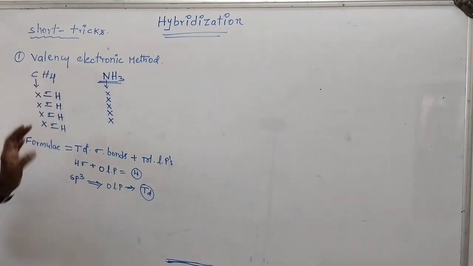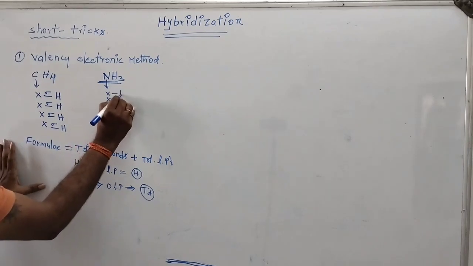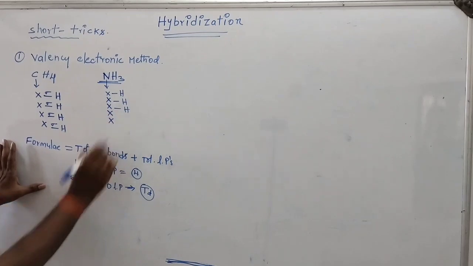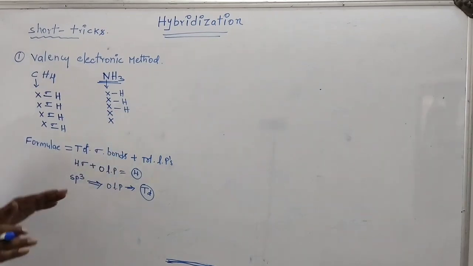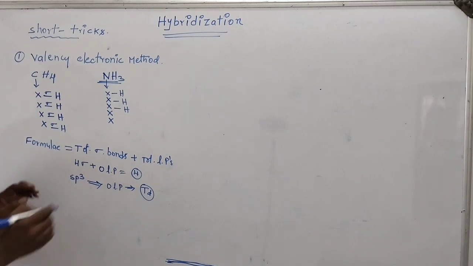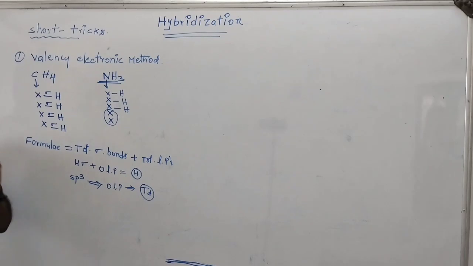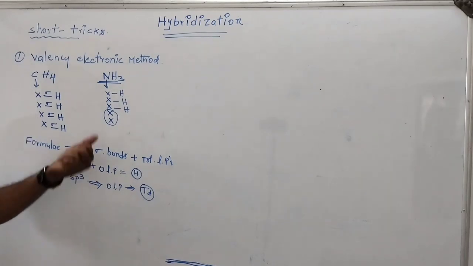Hydrogen valency 1, and there are 3 hydrogen atoms. Next, the excess electrons we will convert into a pair. So the excess 2 electrons we combine as a pair.